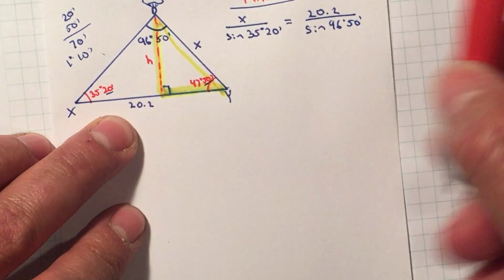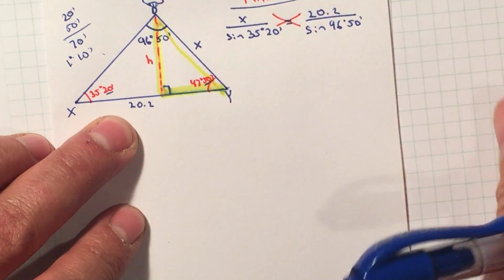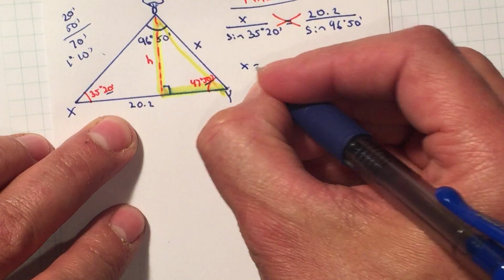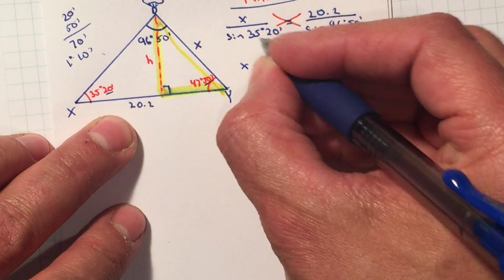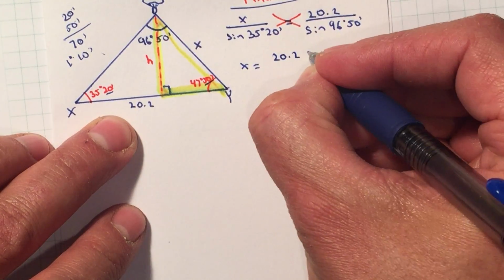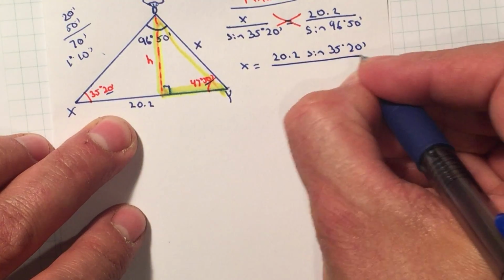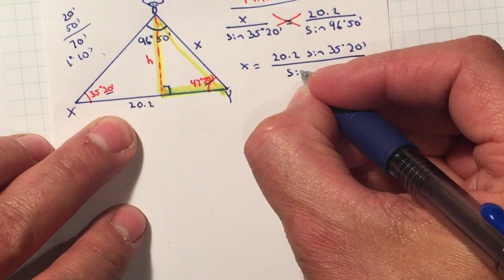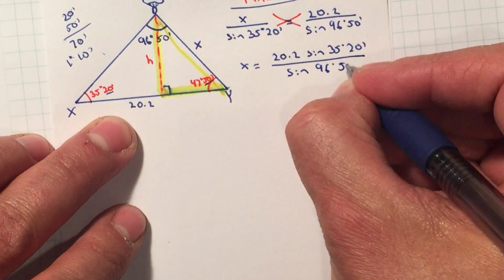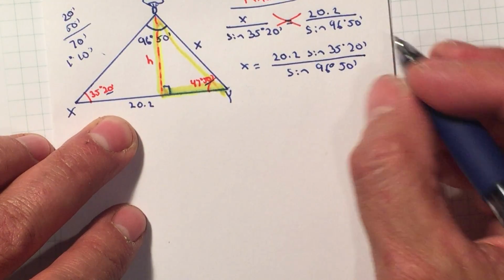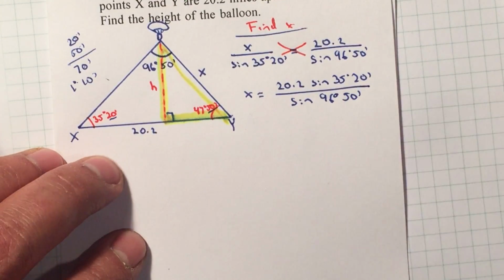Now I can solve for X by cross multiplying, and I'm going to do two steps in one. So X equals 20.2 multiplied by the sine of 35 degrees and 20 minutes, over the sine of 96 degrees and 50 minutes. We've done this so many times in class that you should be used to the process.